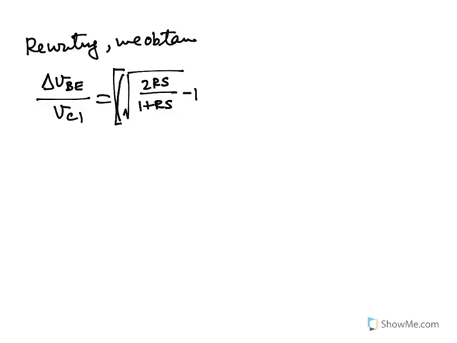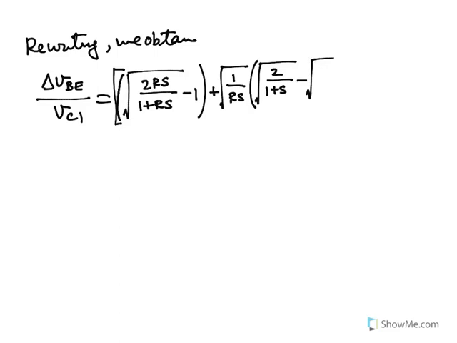That's the first delta v, plus the square root of 1 over rs times the square root of 2 over 1 plus s minus the square root of 2 over 1 plus rs. That's the second delta v.